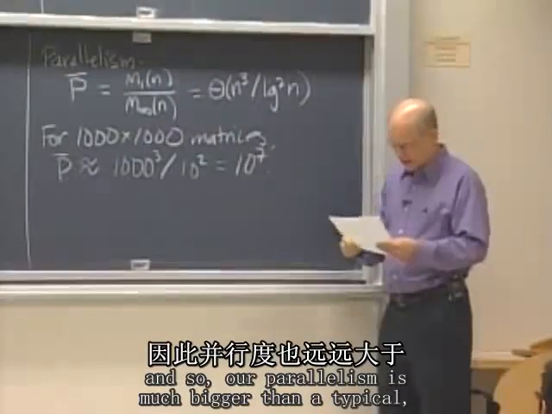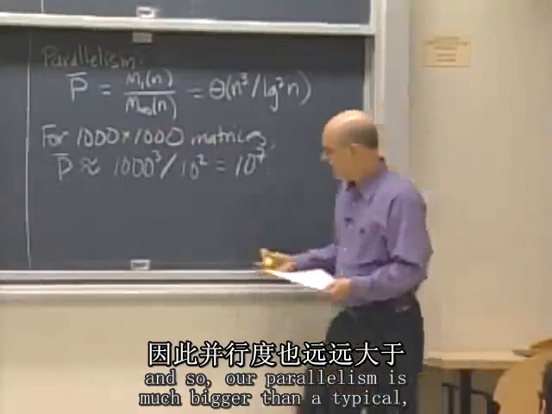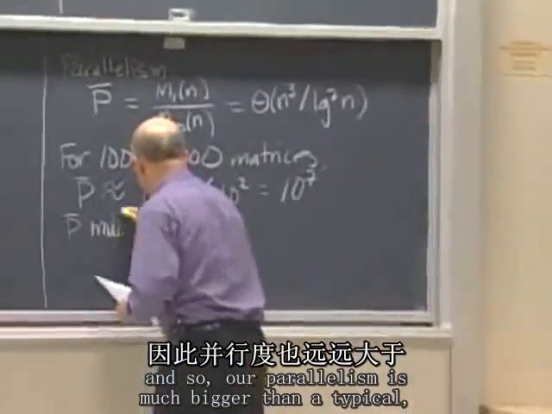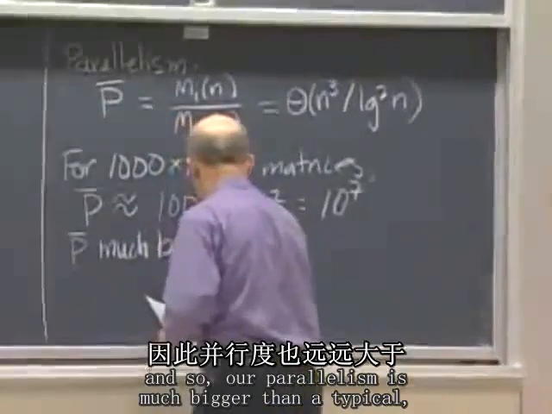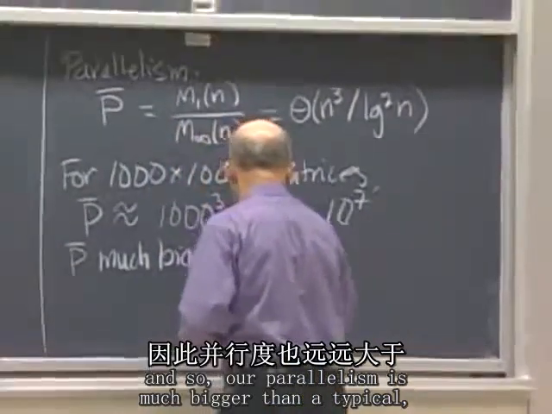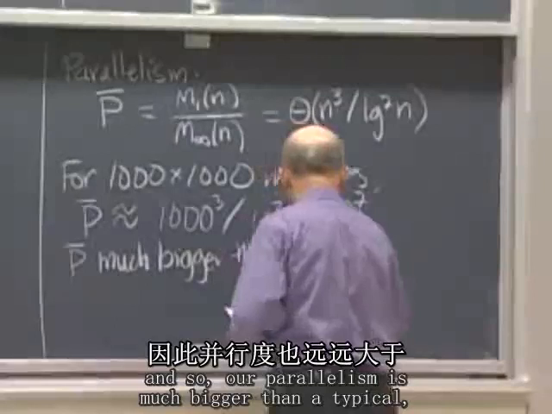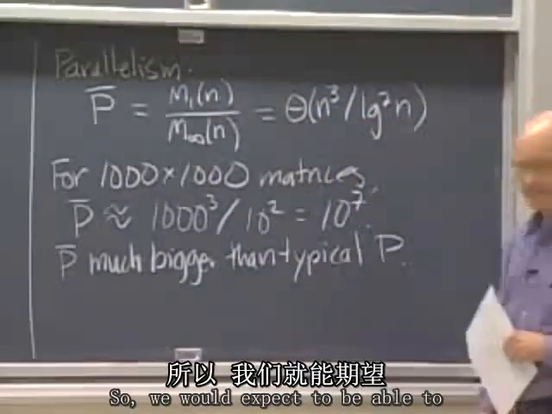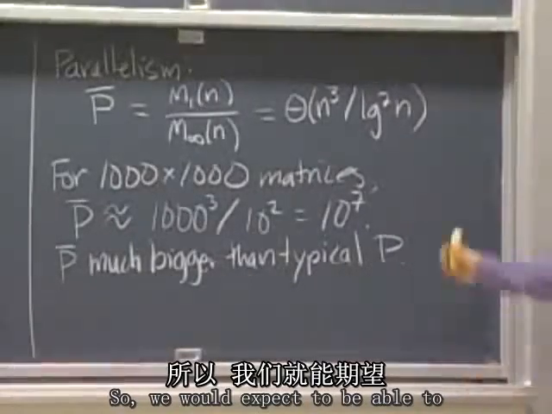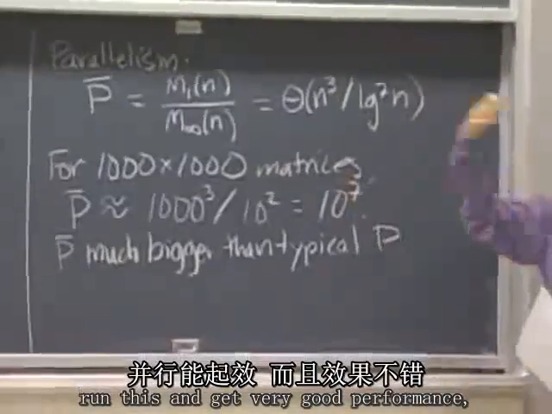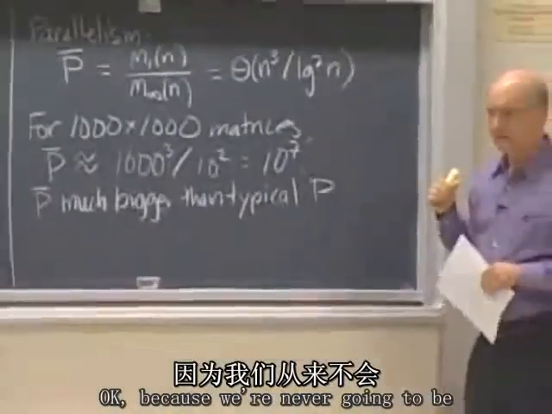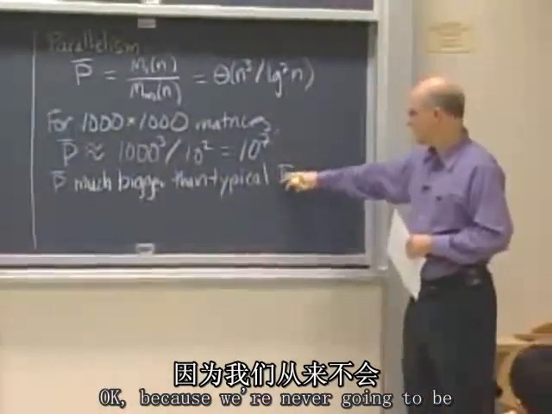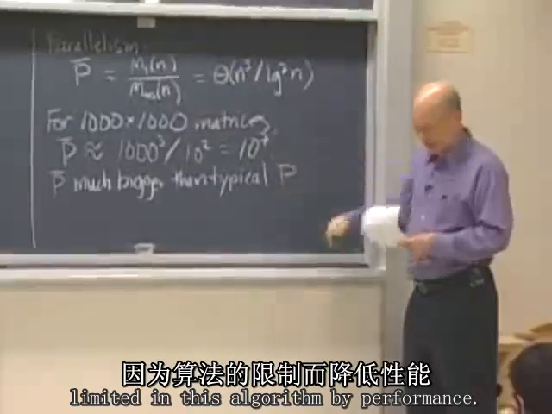And so our parallelism is much bigger than a typical actual number of processors. So we would expect to be able to run this and get very good performance, because we're never going to be limited in this algorithm by parallelism.